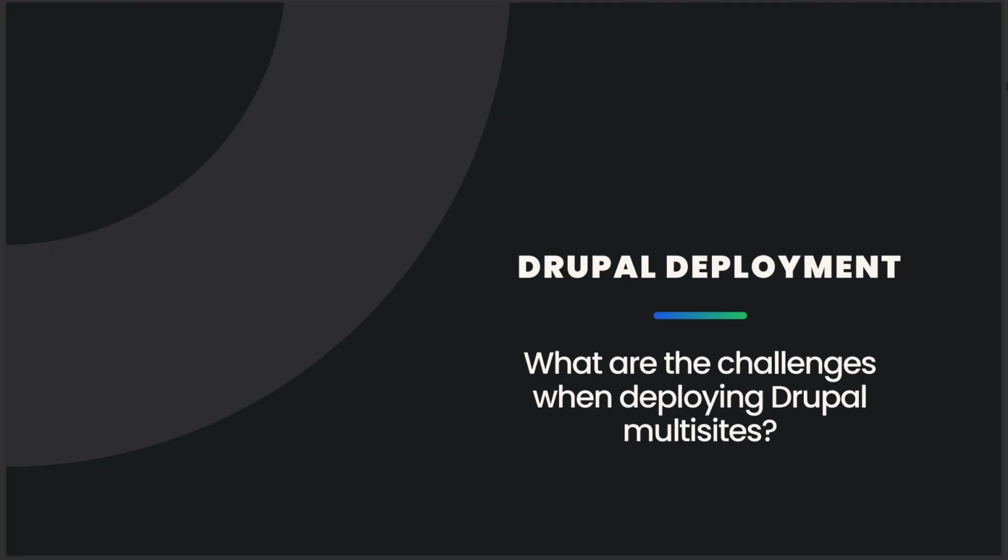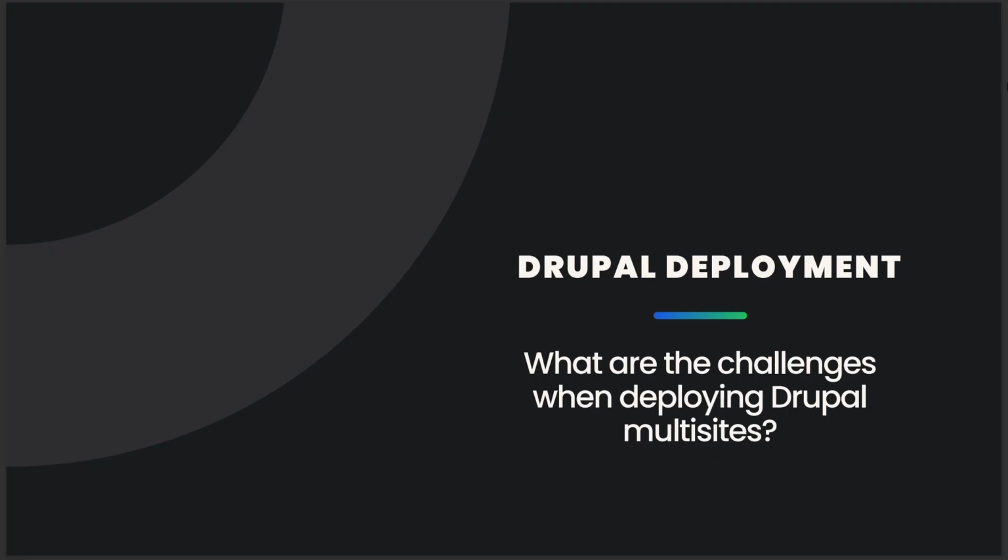You're okay to wait 10 minutes for a deployment to finish. But if you're talking about 600 sites, and let's say each drush command takes 1 minute to finish, you have to wait 10 hours for your deployment to finish. And that's not good. You can't really wait 10 hours for something to be released.